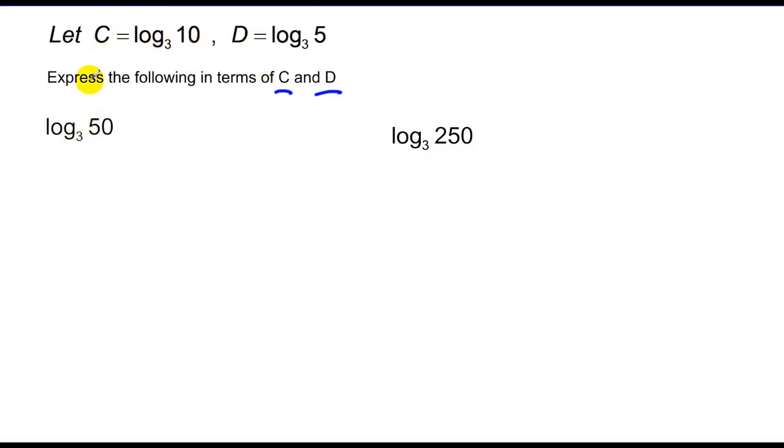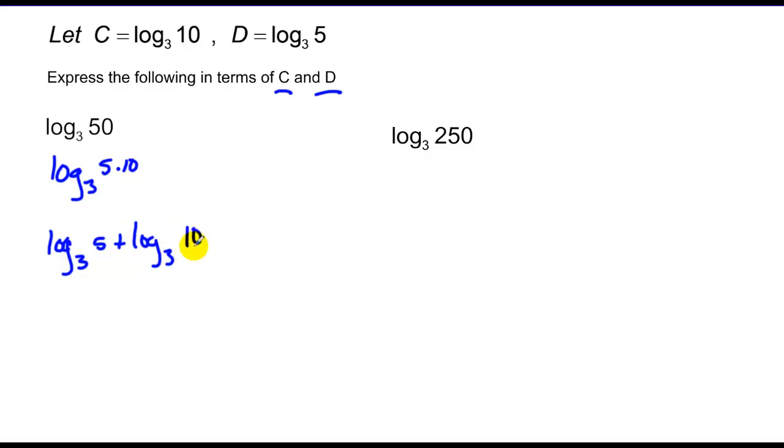So we see here that 50 just happens to be 5 times 10, and I can split this product apart into an addition. So I have the log base 3 of 5 plus the log base 3 of 10.